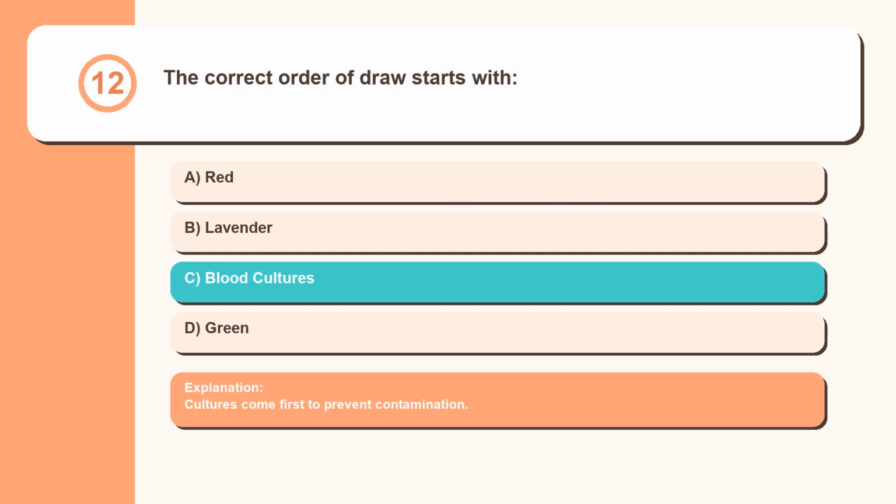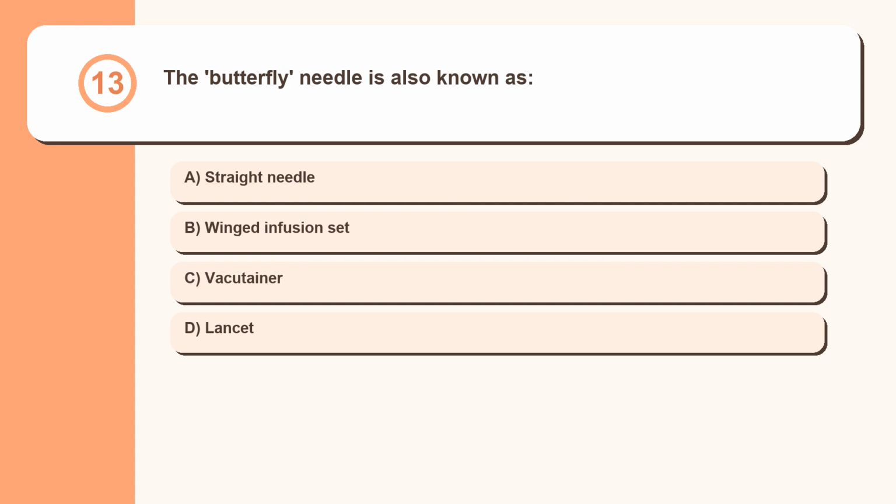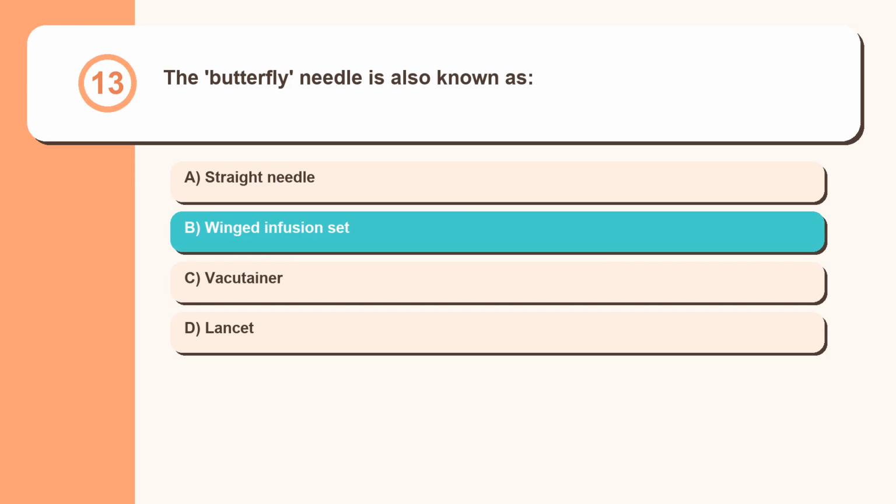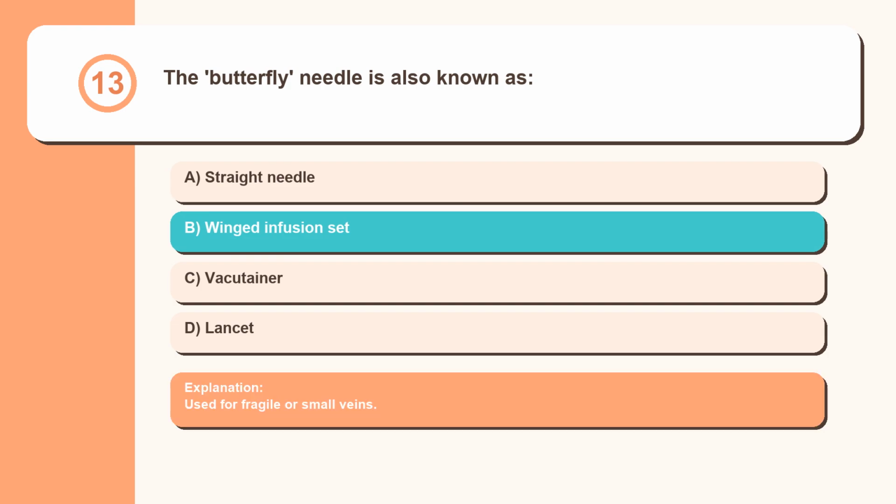Cultures come first to prevent contamination. Question 13. The butterfly needle is also known as: straight needle, winged infusion set, vacutainer, lancet. Used for fragile or small veins.